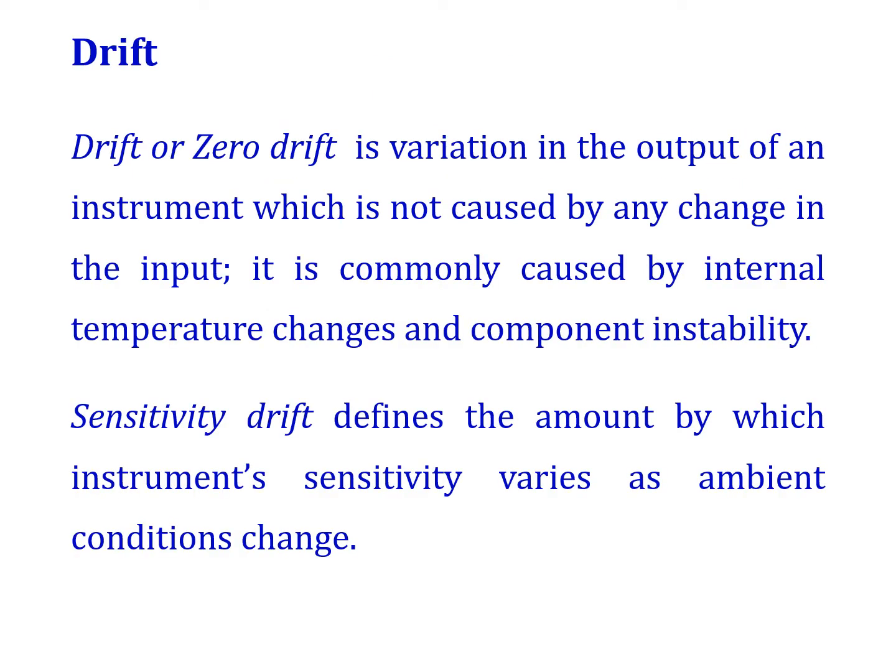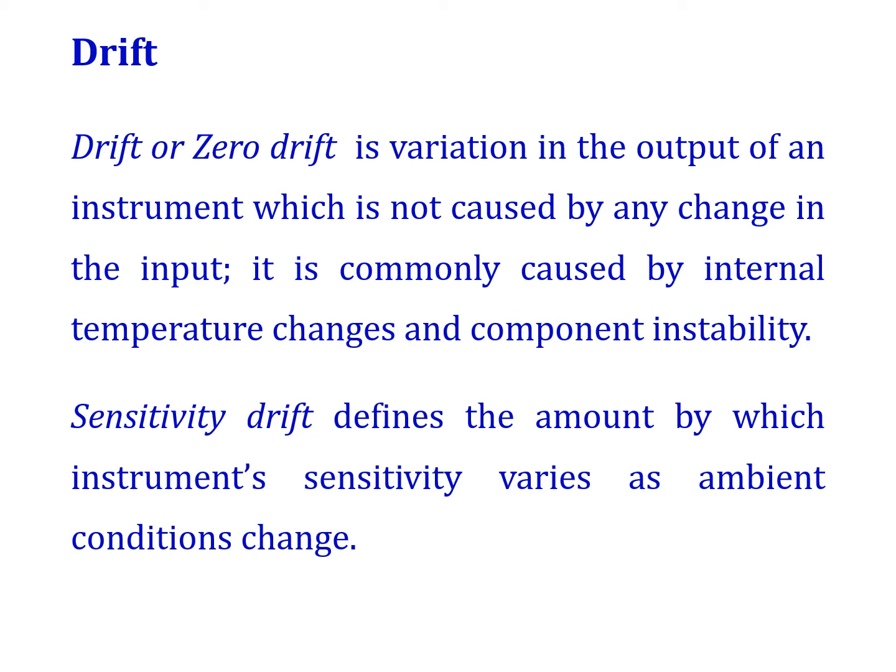Another static characteristic is drift. It is a variation of the output of an instrument which is not caused by any change in the input. It is commonly caused by internal temperature changes and component instability. Drift or zero drift is a variation in the output of an instrument which is not caused by any change in input.